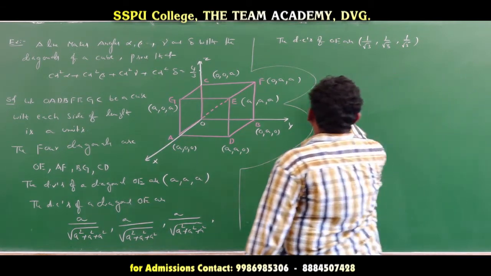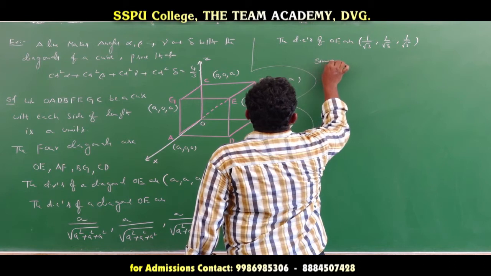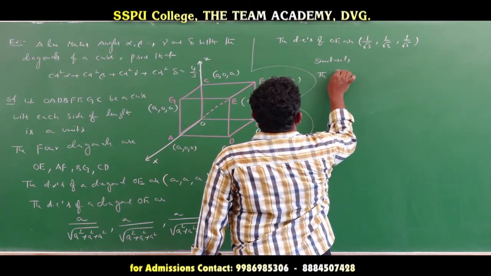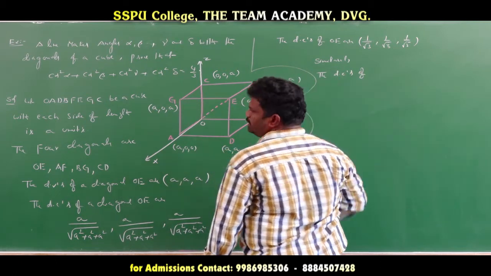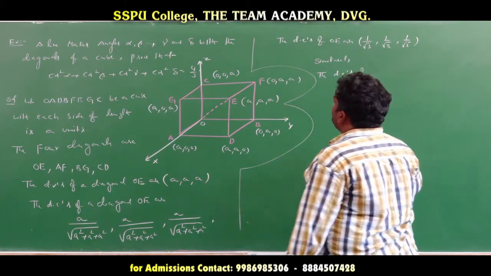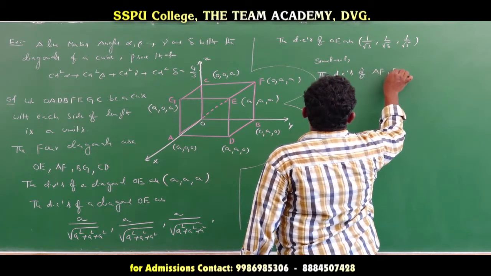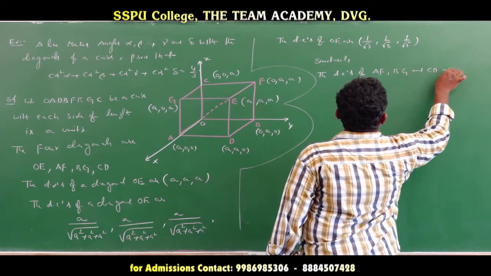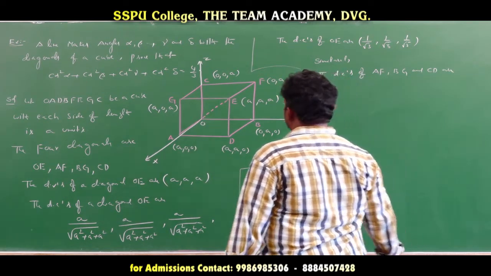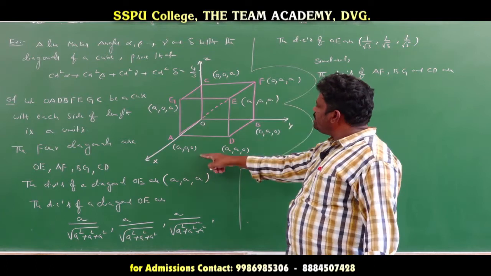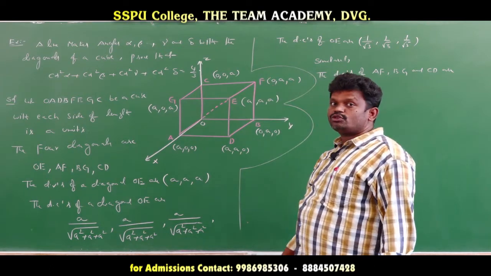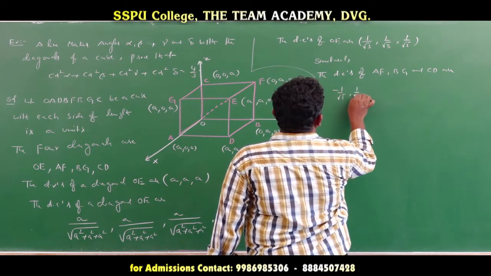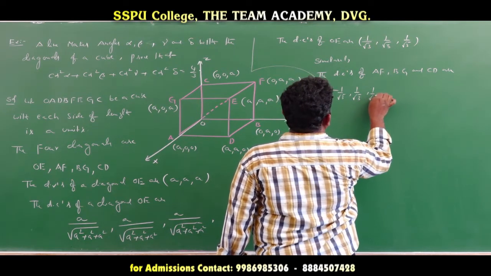Similarly, the direction cosines of AF, BG and CD. For AF, 0 minus a, so minus a comes first. So we have minus 1 by root 3, 1 by root 3, 1 by root 3.